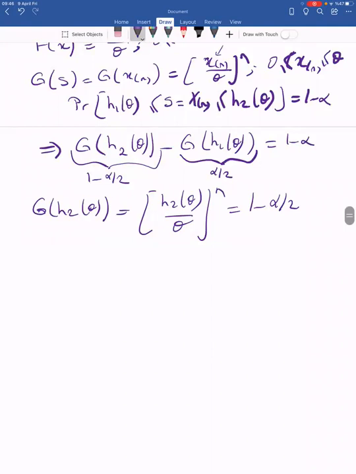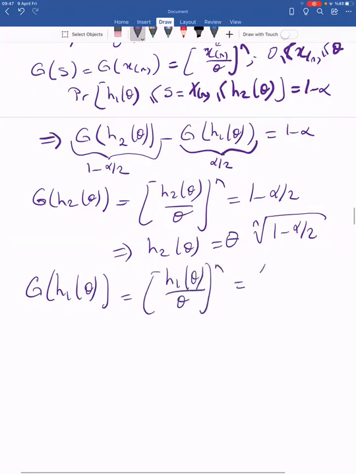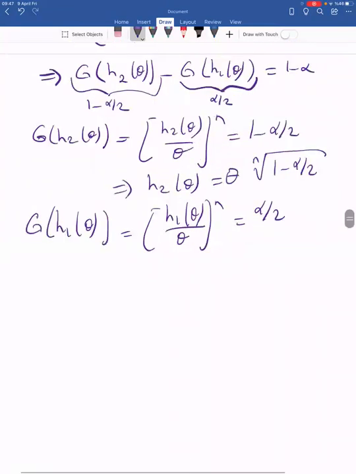Let's first find h2(theta). Then h2(theta) will be theta times the nth root of 1 minus alpha over 2. Similarly, h1(theta) over theta to the n, equate this to alpha over 2. From here, h1(theta) equals theta times the nth root of alpha over 2.